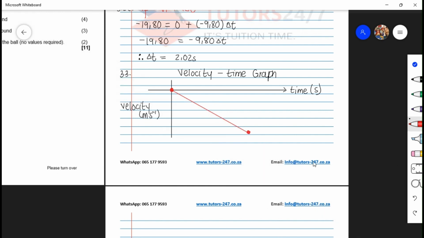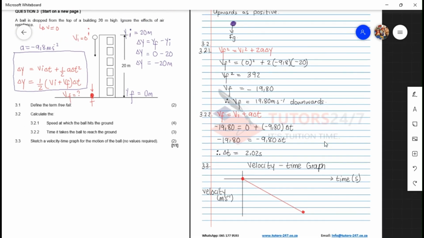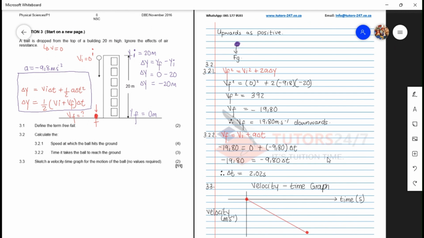So all this line shows is that as time goes on, or as time progresses, this object goes into the negative velocity area, or its velocity gets bigger. And that is our last question of this 2016 exam paper.